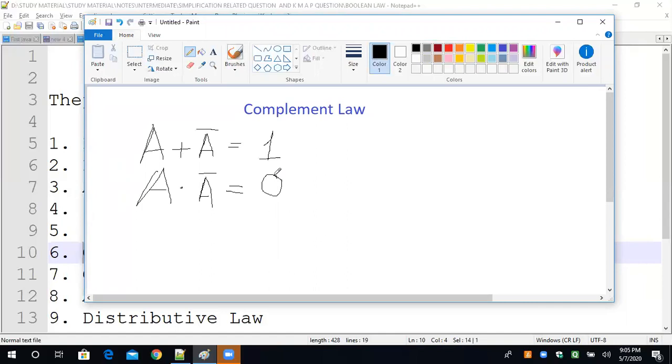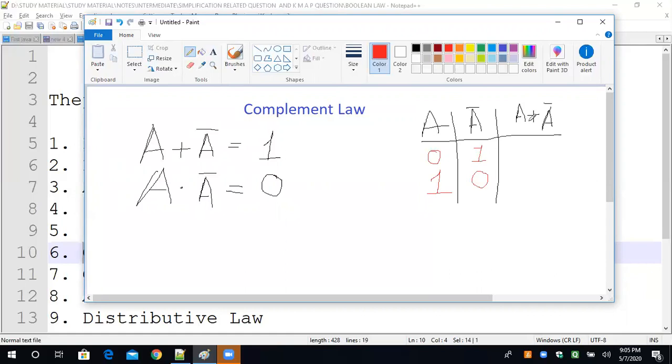Okay, we have the truth table concept. So A, or A complement, and basically I'm writing A plus A bar. Now A is 0 or 1, a single variable can contain the two values, and the complement of 0 will be 1, and the complement of 1 will become 0.